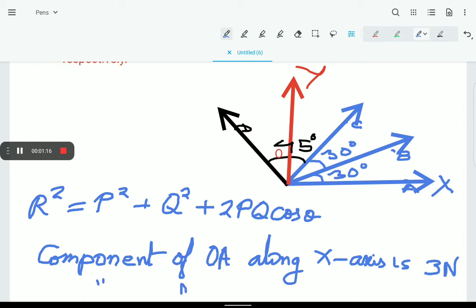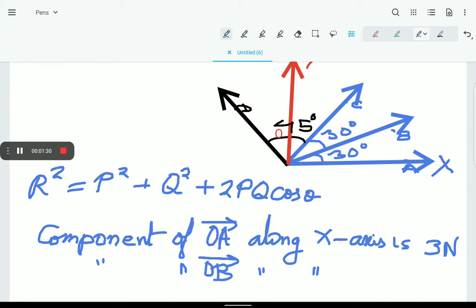Component of OB, OA is a vector, I'm sorry, OB is also a vector. Along x-axis, now this time you have OB inclined at 30 degree with respect to x-axis.